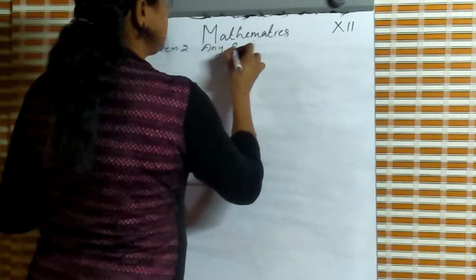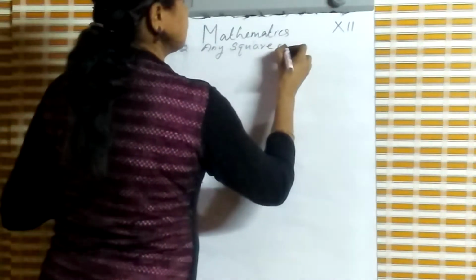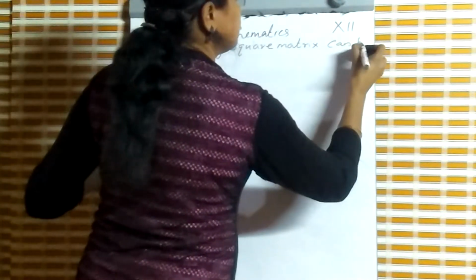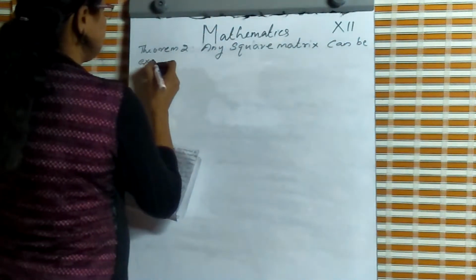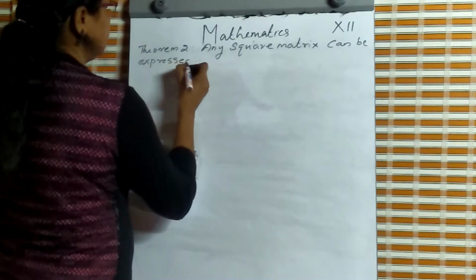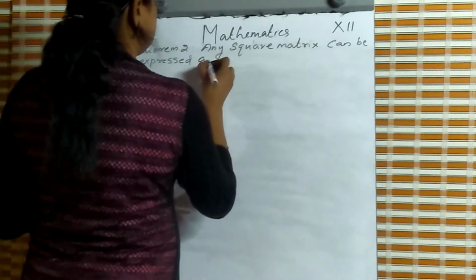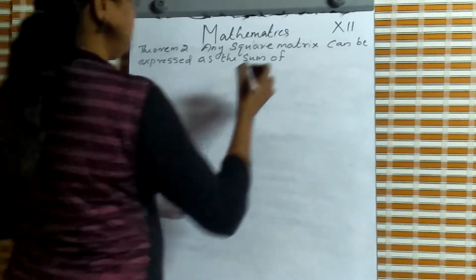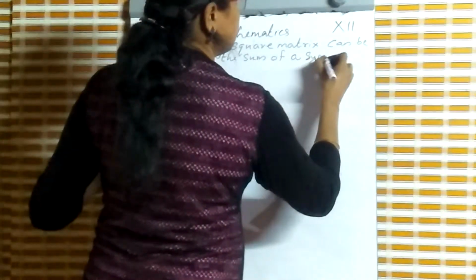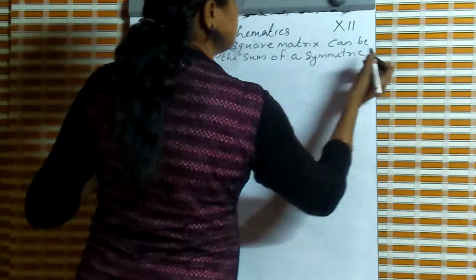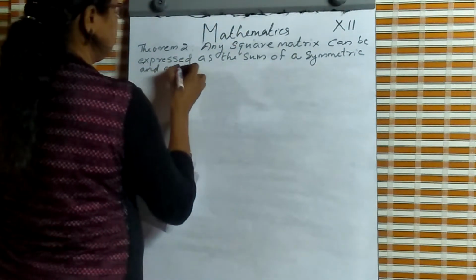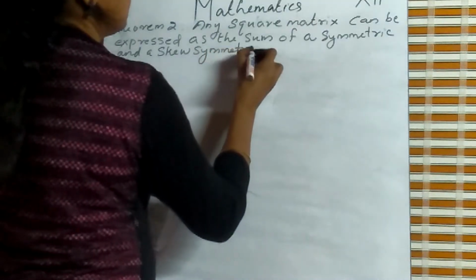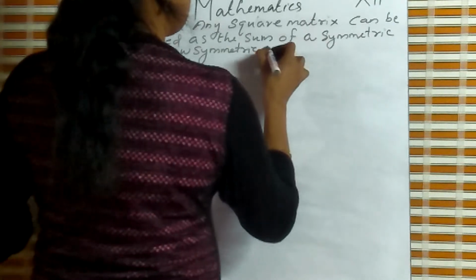Any square matrix can be expressed as the sum of a symmetric and a skew symmetric matrix.